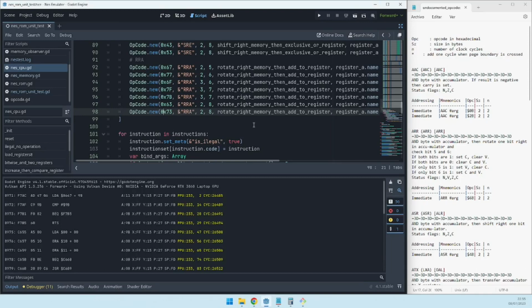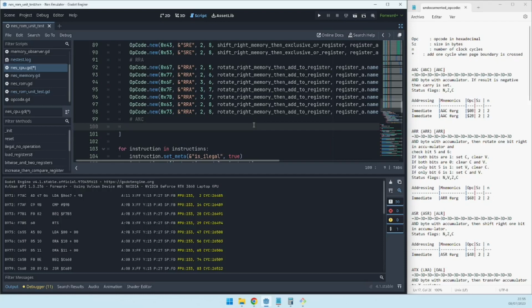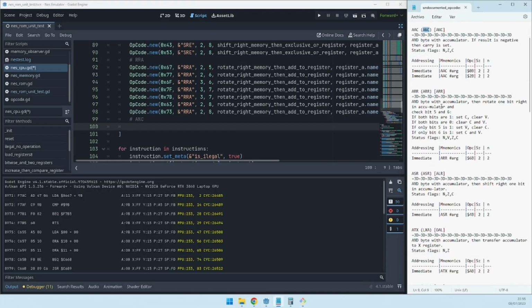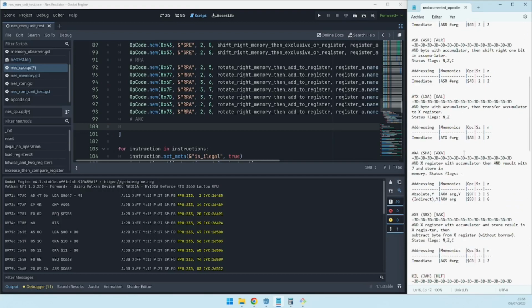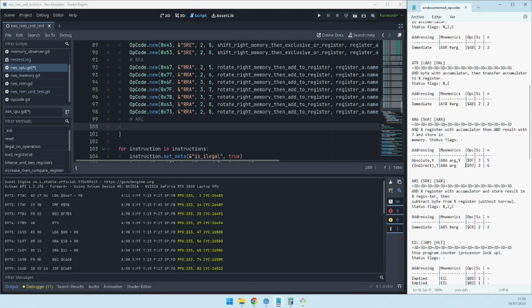I think that should do. So let's add ANC, I suppose it's called. Oh, it's actually AAC according to this. But we were using this before, but this one says AAC. ATX, ALX, LXA.